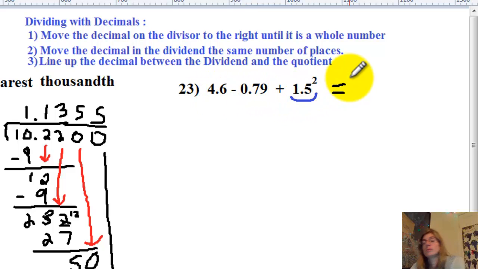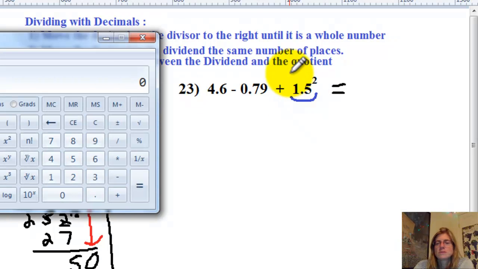Just so happens that exponents are multiplication, and that also comes before subtraction or addition. So when you multiply 1.5 by itself, and let's just cheat for the purposes of saving the space, 1.5 times 1.5 equals 2.25.